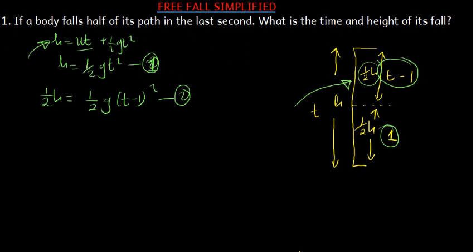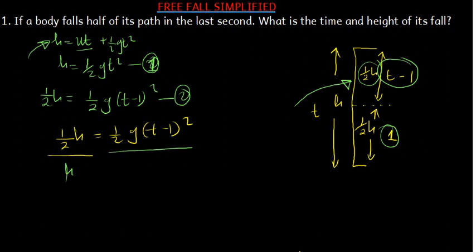Now we are going to solve these two equations together. I'm going to divide the second equation by the first equation. So, half h is equal to half g t minus 1 squared, over equation 1, that is h is equal to half g t squared.